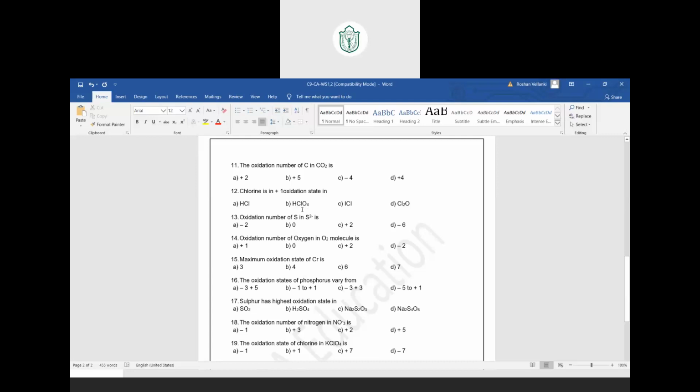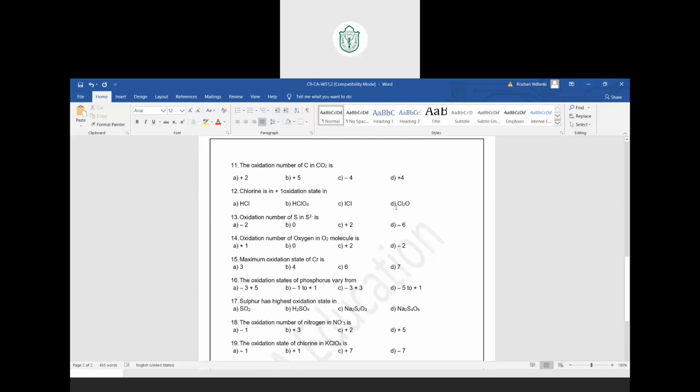X equals 7. Very good. So it cannot be option B. And the remaining majority options I got as option C. Look here, guys. In option C, the name of this compound is iodine chloride. Is iodine highly electronegative or chlorine? Chlorine is more electronegative. So chlorine should get -1, iodine gets +1.